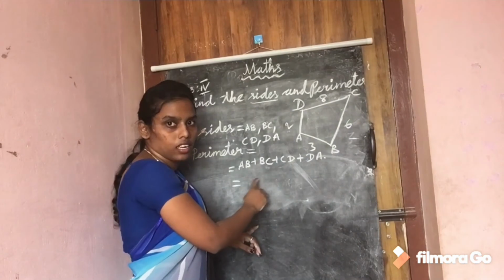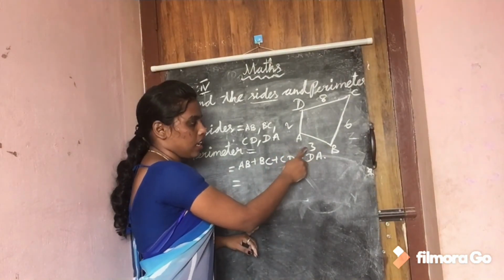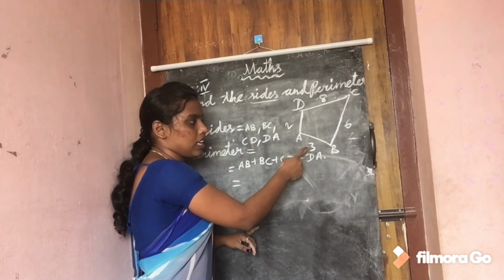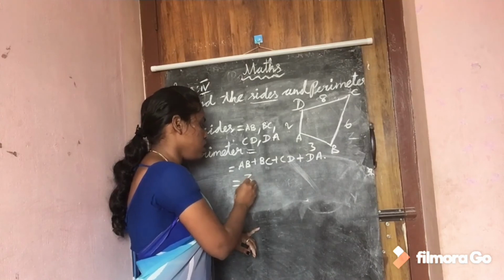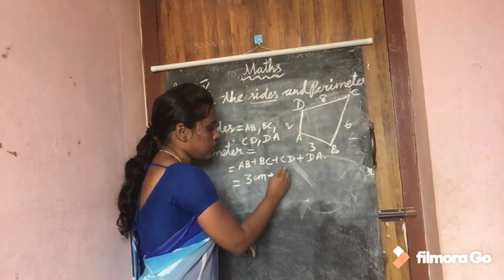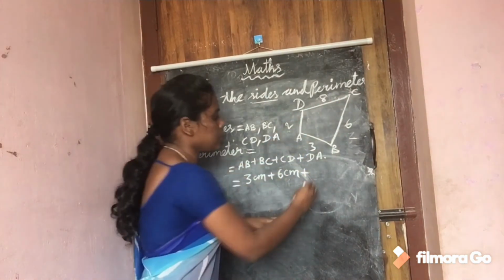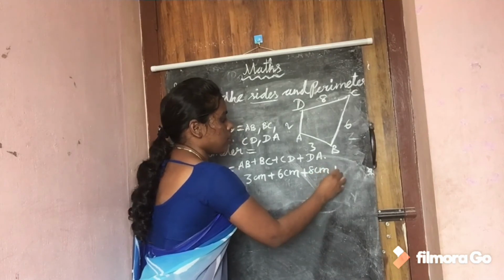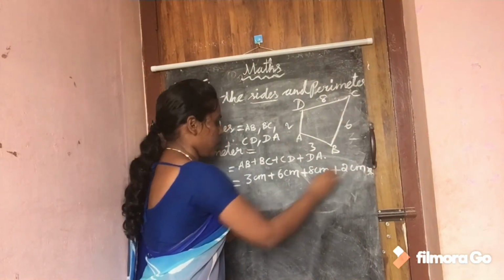So you have to write the centimeter here. What is the AB centimeter? AB is, can you see the number here? Yes. AB is 3 centimeter length. So 3 centimeter. Then BC. BC is 6 centimeter. Then CD is 8 centimeter. Then finally DA is 2 centimeter.